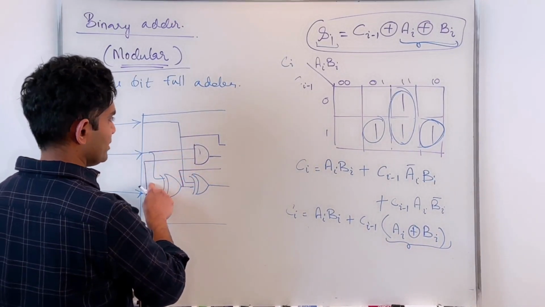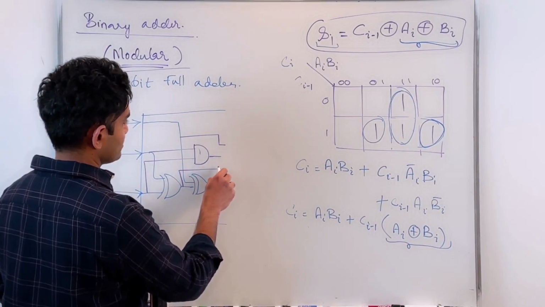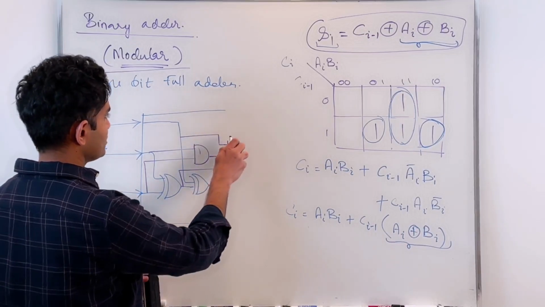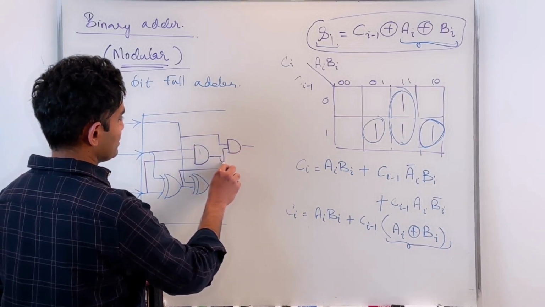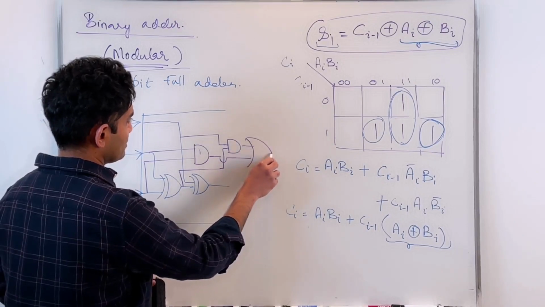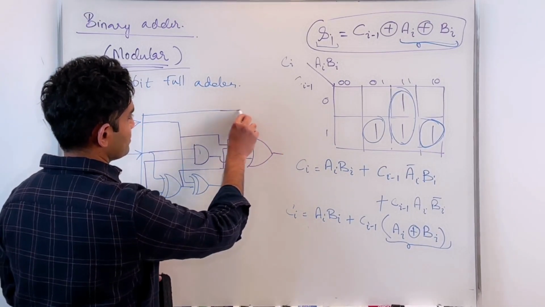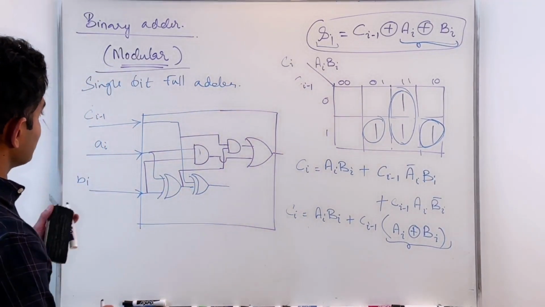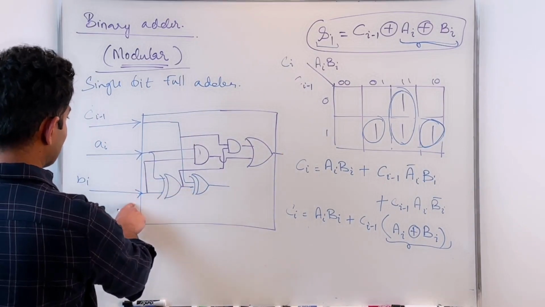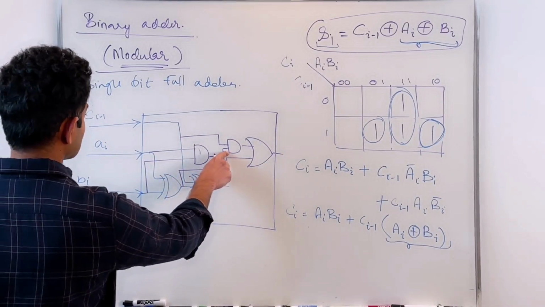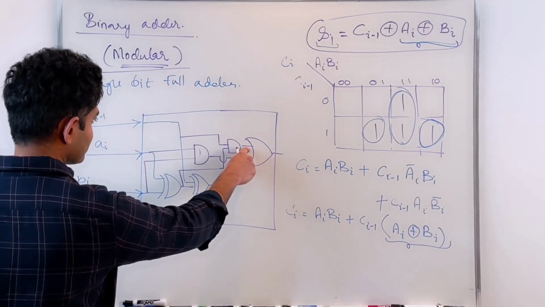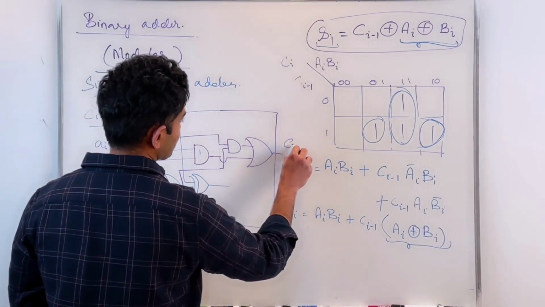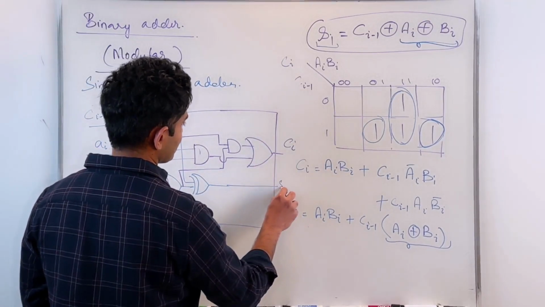Ai Bi plus Ci minus 1 times. Okay. Let me make sure that's correct. So that's Ai exclusive OR Bi times Ci minus 1 plus Ai Bi. That's correct. So that's my Ci and that's my Si.